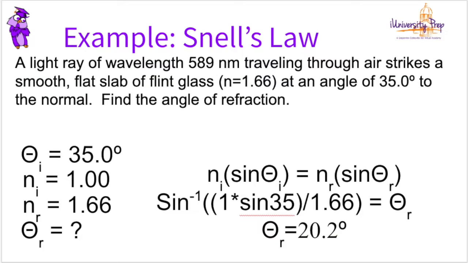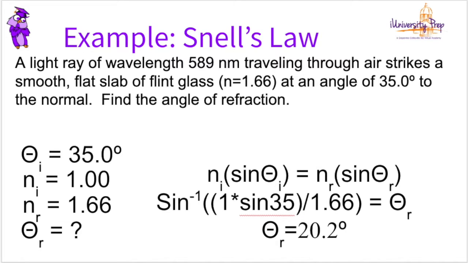So if we did an example problem, this is what it would look like. You've got all this information at the top, but then it tells you that the index of refraction for the glass, so that's the index of refraction of the new medium, not the index of refraction for the incident medium. So we're looking at n_r, if you will, as 1.6. And now you see the angle there. That's the angle of incidence. We would put that at theta i.